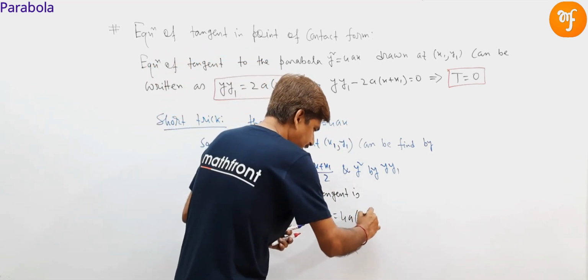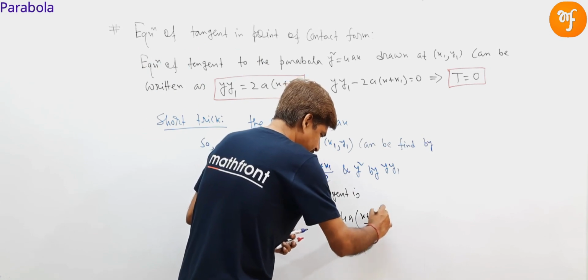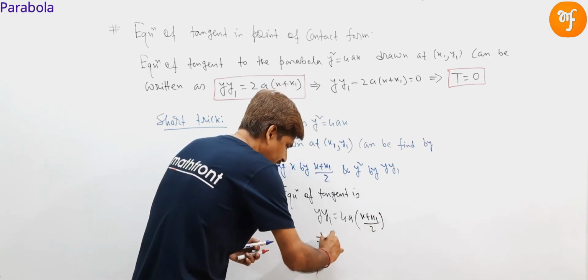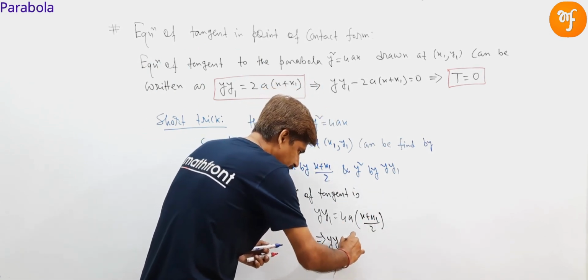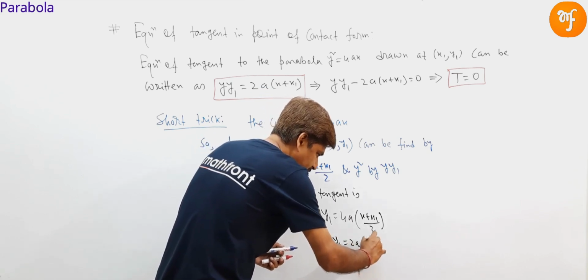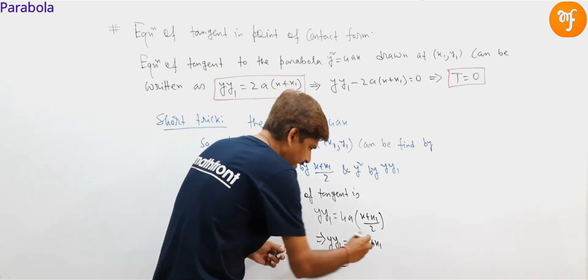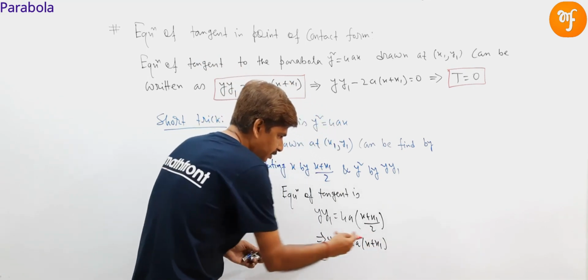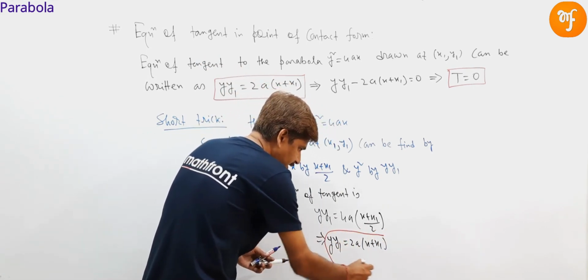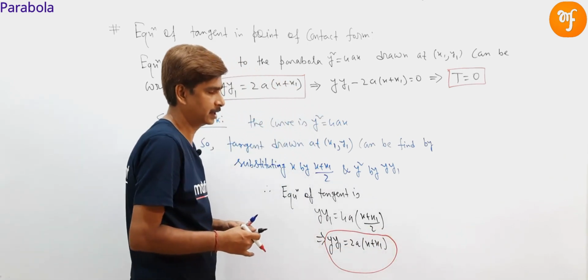So we are writing x plus x1 by 2. So this is simply y into y1 is equal to 2a into x plus x1. Got it? So this is the way to find the equation of tangent in a short way in the point of contact form.